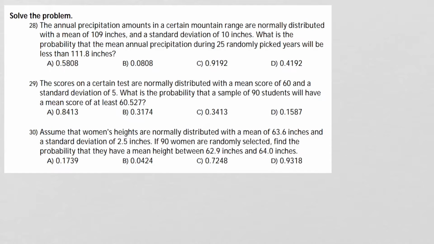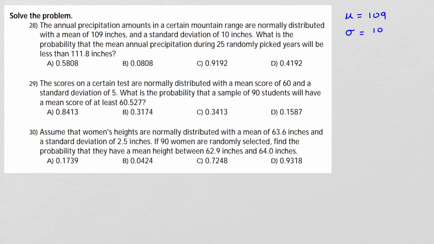In question 28, it says the annual precipitation amounts in a certain mountain range are normally distributed with a mean of 109 inches and standard deviation of 10 inches.